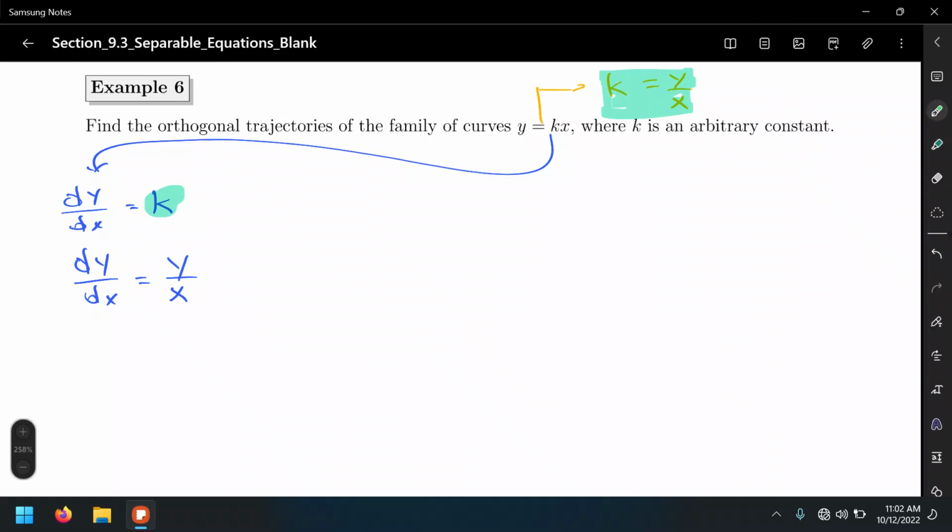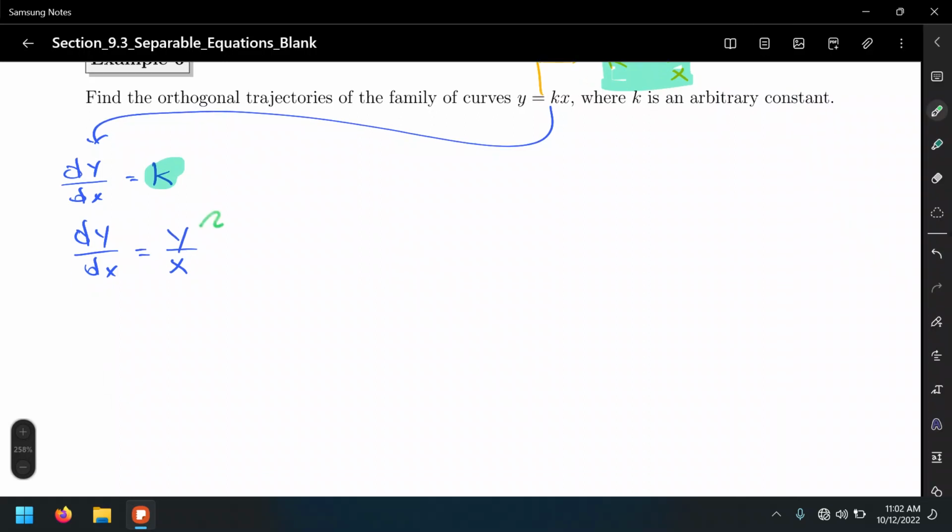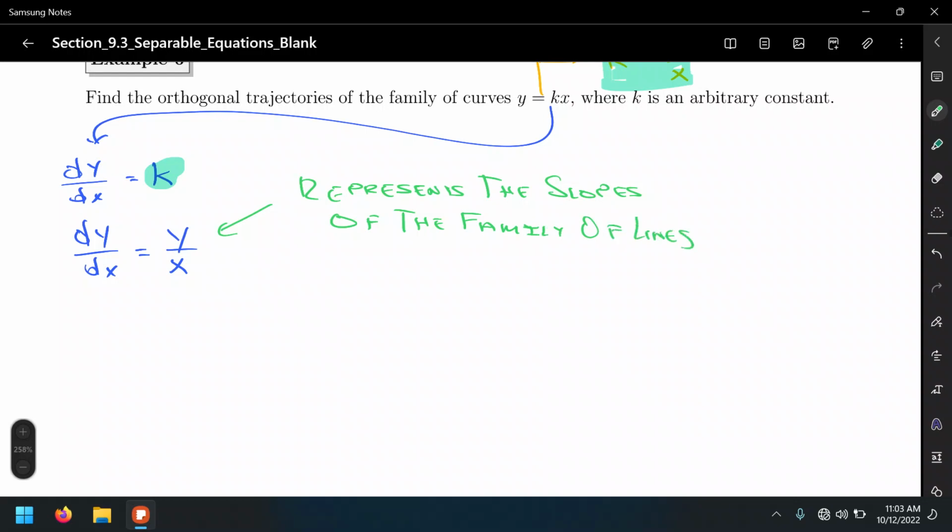And again, this derivative right here represents the slopes of the family of lines, the ones that we have described in the original problem.